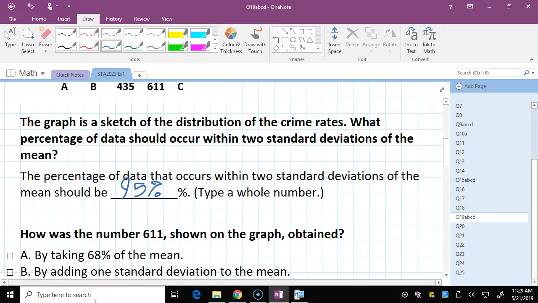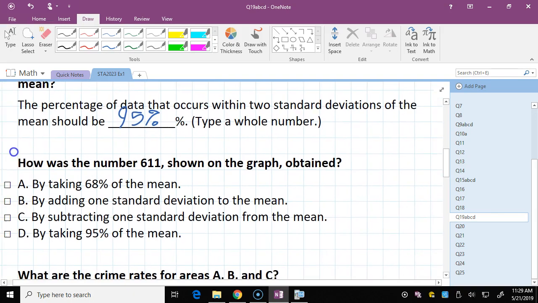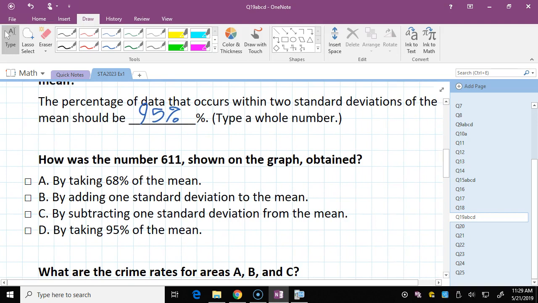95%. Okay? So now they want us to start talking about information. So the number 611, how did I get the 95?